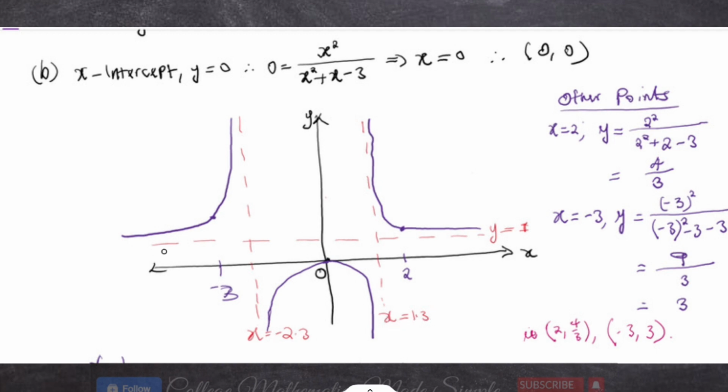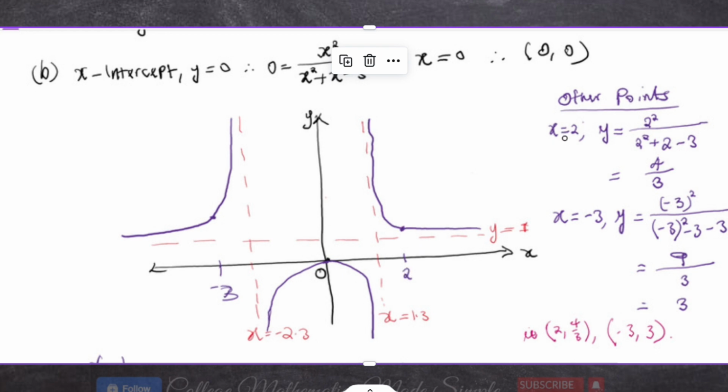Now the horizontal asymptote is y equal to 1, which is this one. So now the x-intercept and the y-intercept is at the origin. Okay, so we can just find other points. So a point beyond the vertical asymptote, which is negative 3, and a point beyond the other vertical asymptote, which is 2.